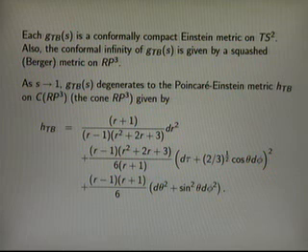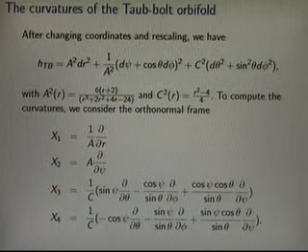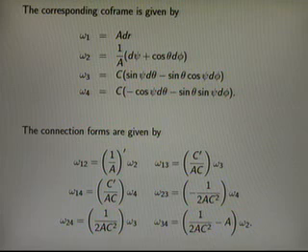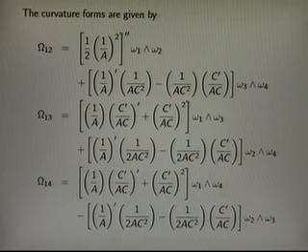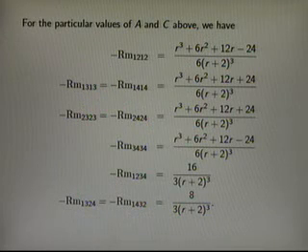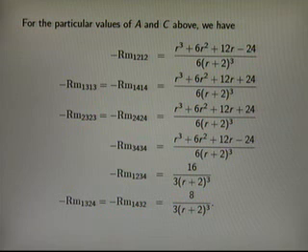Okay, and then I did a computation. Of course, I made several mistakes, and I had to do it at least 3 times. But I computed the curvatures. I took this frame, and you have the co-frame, connection forms, curvature forms, and then finally I found the curvatures for this particular frame that I took.